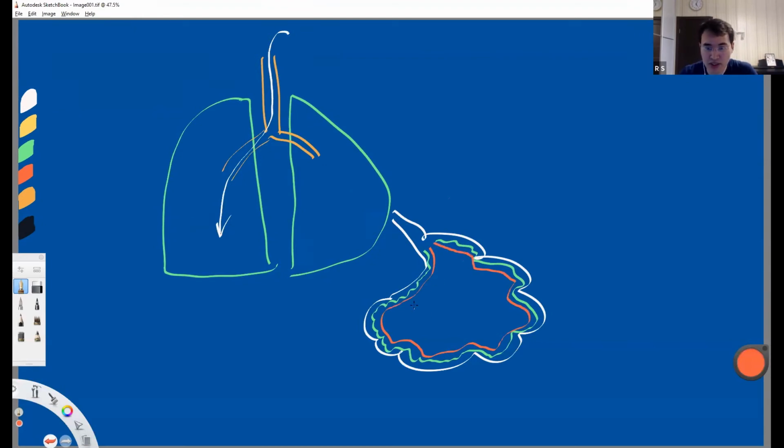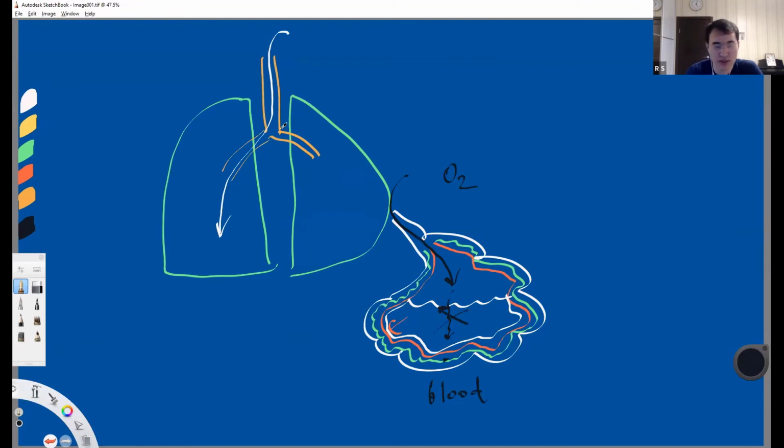Sorry, but usually outside, this part is hydrophobic. So whenever we have water inside, it does not mix with the surfactant, and it blocks the passage of air. So let's say that air gets in, and because of the huge distance between this point and this point, it cannot go through and give this oxygen to the blood.